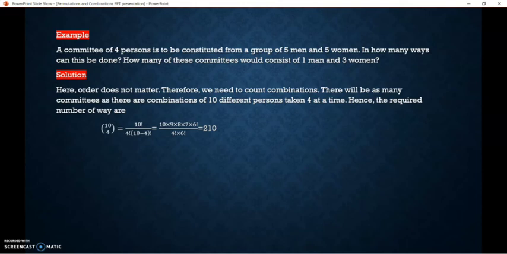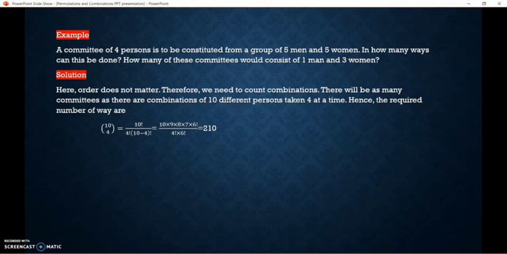Now I want to find in how many of these committees there would be 1 man and 3 women. First of all, of the 4 people, I want 1 man. 1 man can be chosen from the availability of 5 men in 5C1 ways, isn't it? It's a combination of 5 objects taken one at a time.